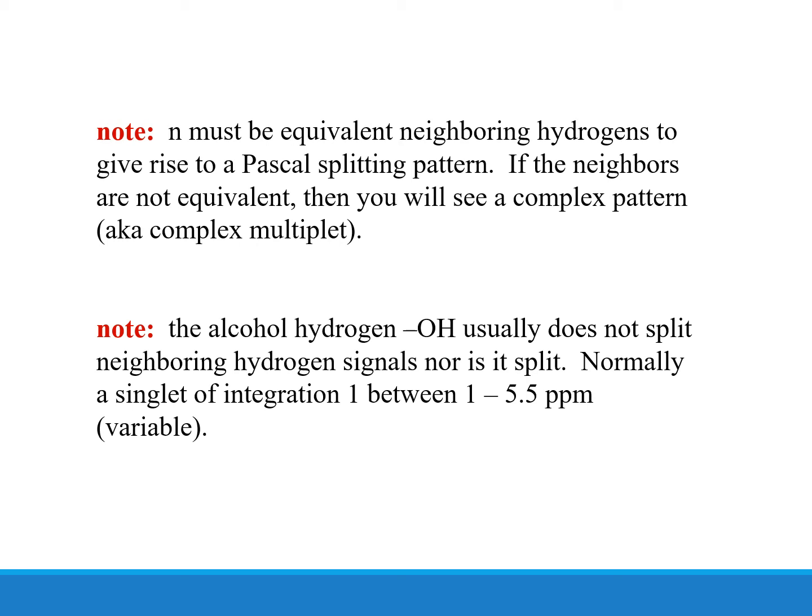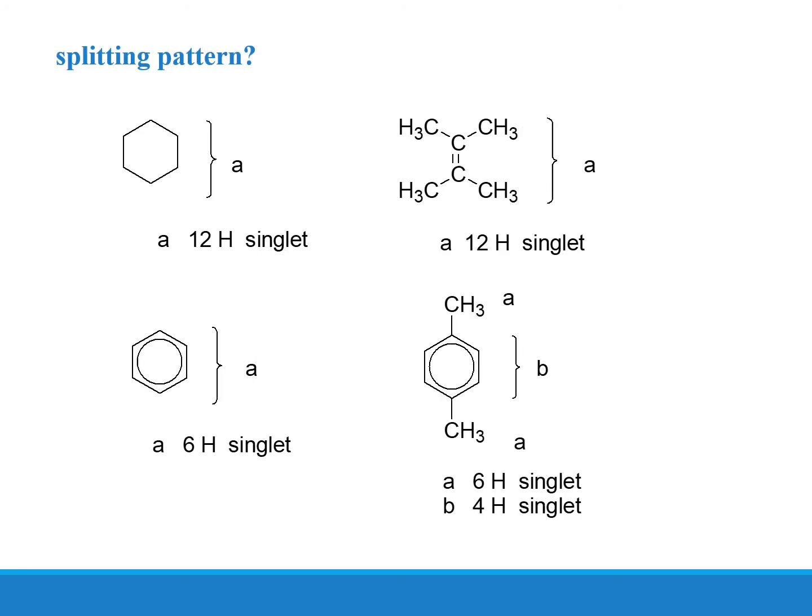In fact, the OH will always appear as a singlet between 1 to 5.5 chemical shifts, depending on the nature of the OH in the overall organic compound. So we talk about splitting pattern only when we have non-equivalent hydrogens.